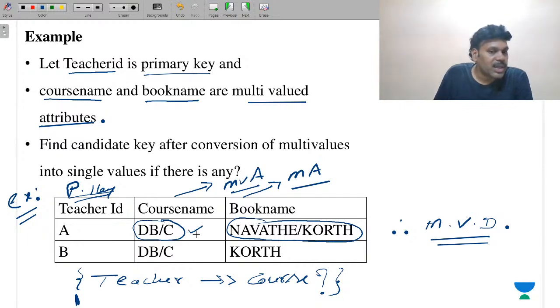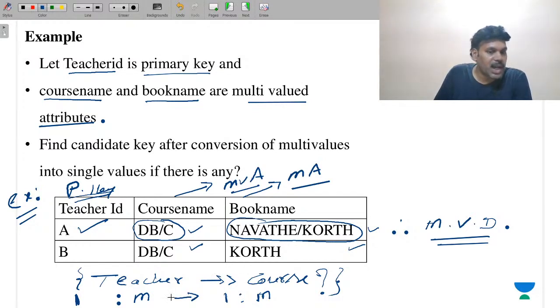What about this? You have a pair of values. Therefore, it is M. Again, associating teacher ID, there are pairs of values with book. Therefore, for every teacher ID, you have book name many times.